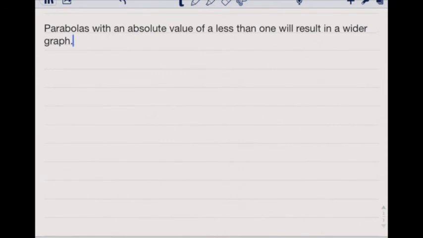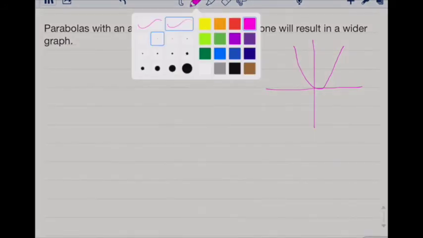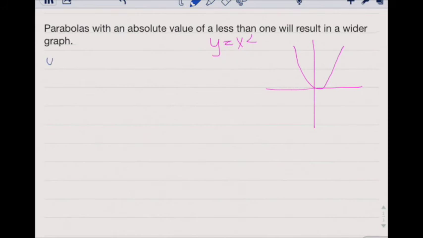Parabolas with an absolute value of a less than 1 will result in a wider graph. So let's go back and consider our parent graph of y equals x squared. And let's make our comparison graph be y equals 0.5 x squared.